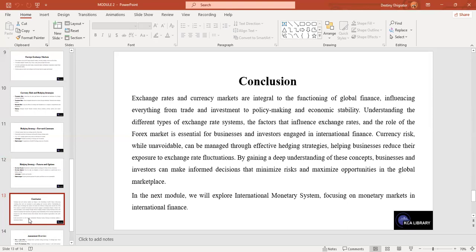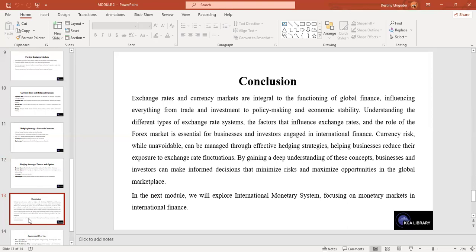Currency risk, while unavoidable, can be managed through effective hedging strategies, helping businesses reduce their exposure to exchange rate fluctuations. By gaining a deep understanding of this concept, businesses and investors can make informed decisions that minimize risk and maximize opportunities in the global market space.